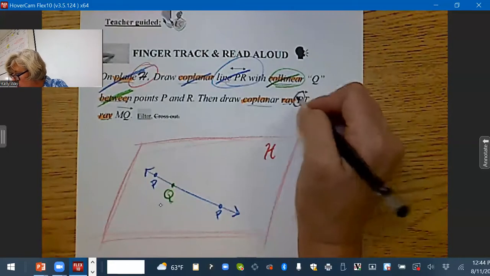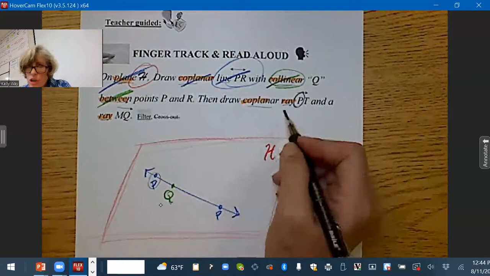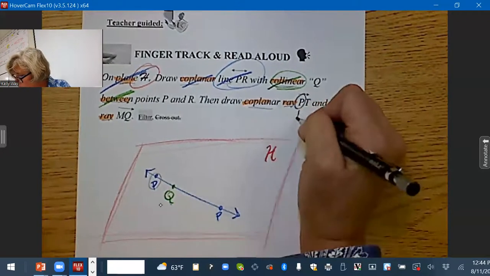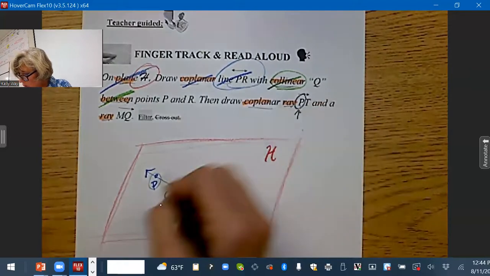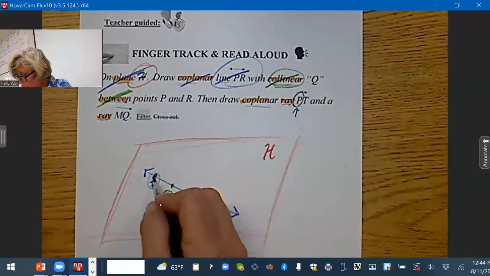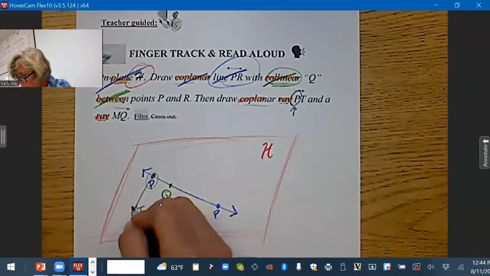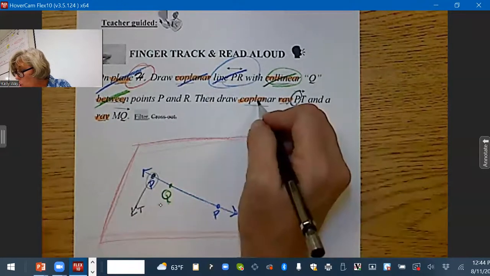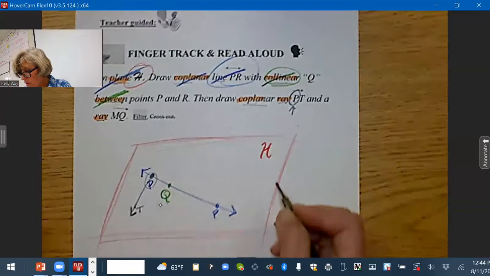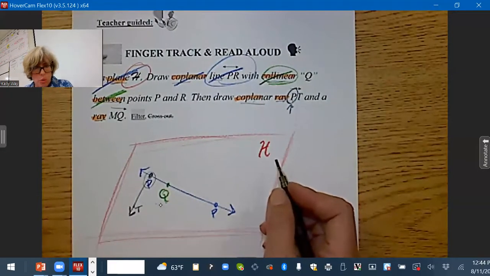Same letter, same point. You don't add a second P. Notice P's the endpoint, so a ray starting at P, going towards T. That would be ray PT, and it's coplanar, which means it's on the plane, and a ray MQ.